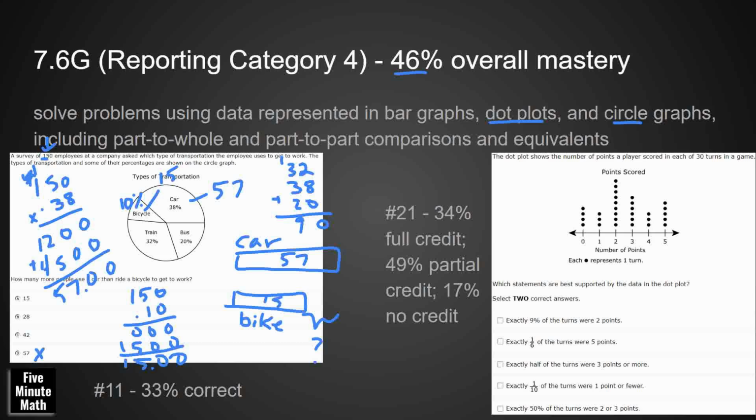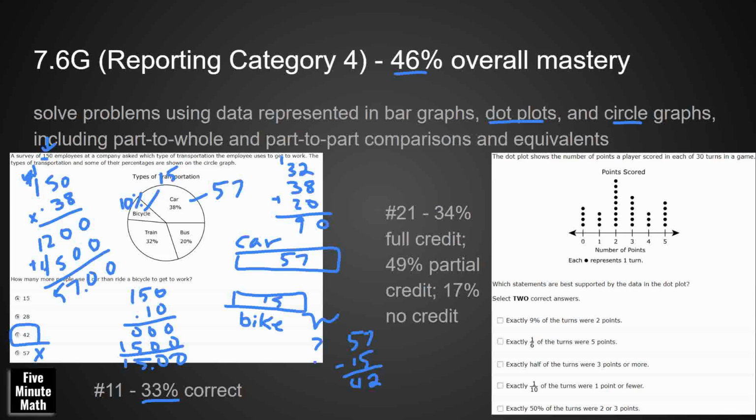Now I can subtract these two. 57 minus 15, and that's going to be 42 is our correct answer. 33% correct. That was a lot of different calculations needed to get to that correct answer, so I see why that's a challenge. Next, we've got number 21, and we've got this dot plot here.